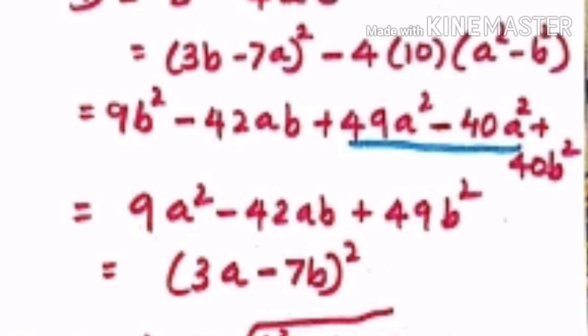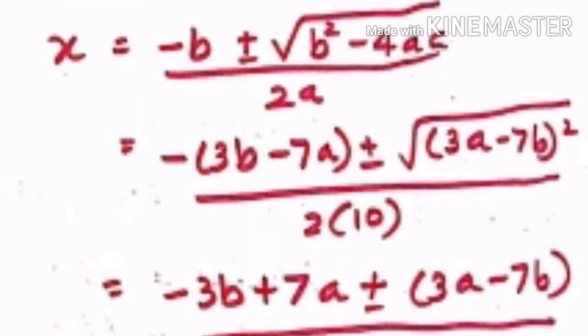So now placing our formula, x is equal to minus b plus or minus under root b square minus 4ac by 2a, and placing the values: minus 3b minus 7a plus or minus under root 3a minus 7b whole square upon 2 into 10. That minus sign we have to take in the brackets. So minus 3b plus 7a plus or minus, the square is gone with the square root sign.